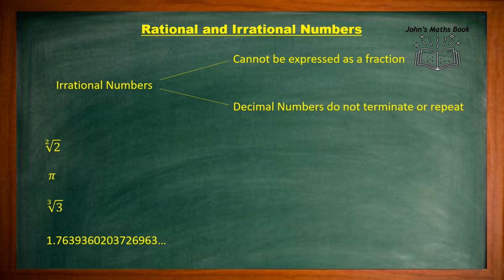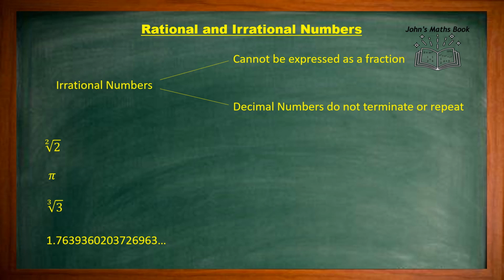So with irrational numbers, they cannot be expressed as a fraction, and when expressed as a decimal, the decimal part of the number, or the mantissa, does not terminate or repeat. For example, the square root of 2.